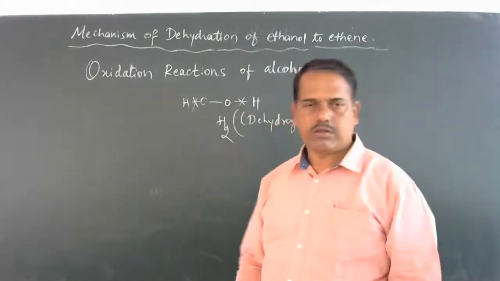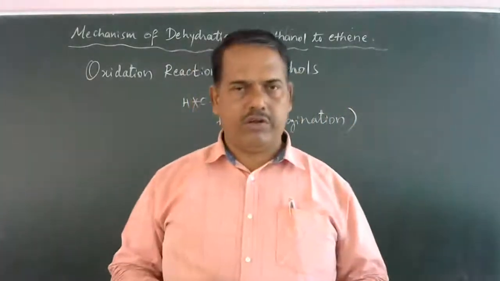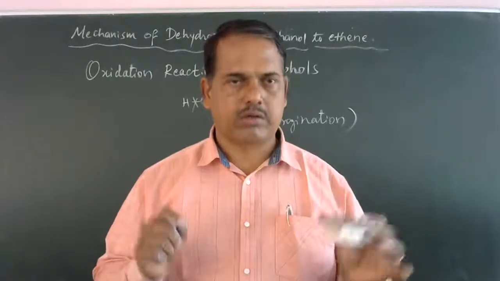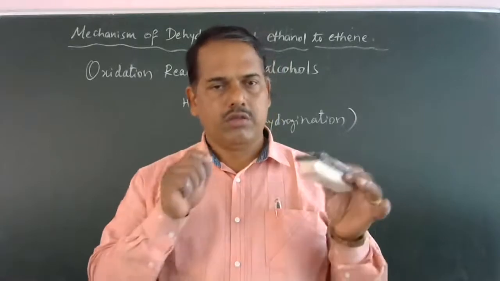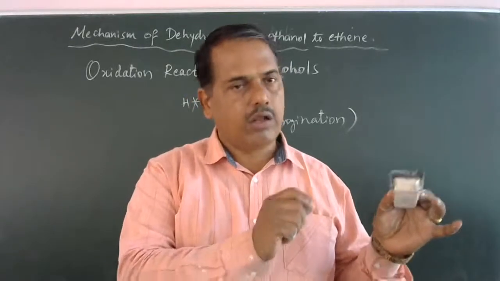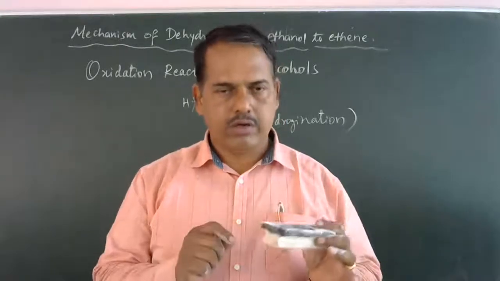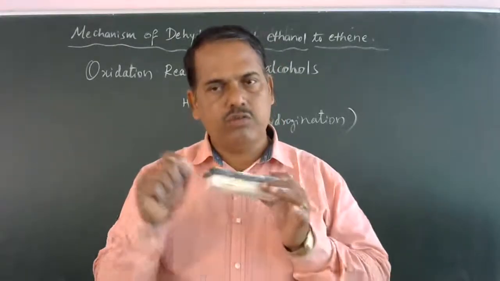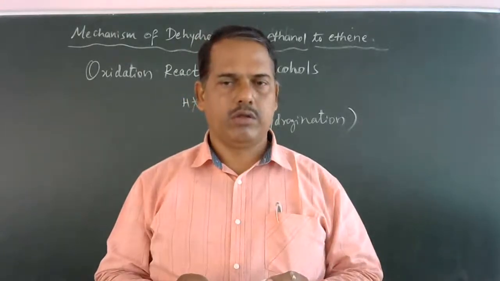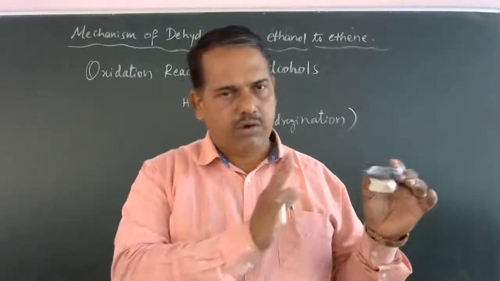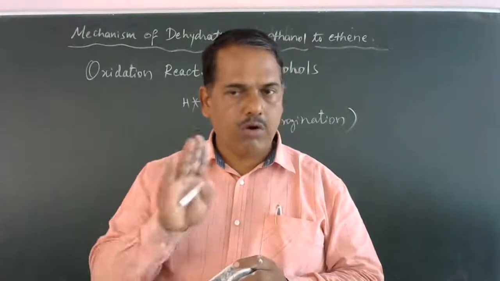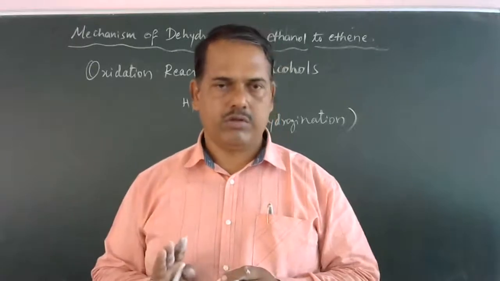Are you clear? In oxidation reactions of alcohol, you have to remember, the carbon to hydrogen bond breaks in the alkyl group and the oxygen to hydrogen bond is also broken. See, one H atom from carbon to hydrogen, another H atom from oxygen to hydrogen.